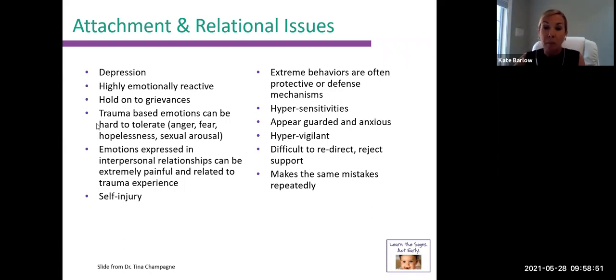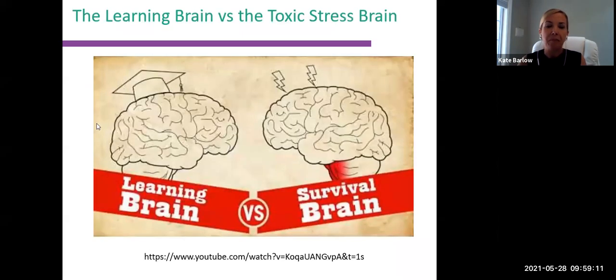They may have extreme behaviors that are often protective, or they have very large defense mechanisms. They may be hypersensitive. They may appear guarded and anxious. They may be hypervigilant. They may be difficult to redirect. They may often reject support, and they may make the same mistakes repeatedly.